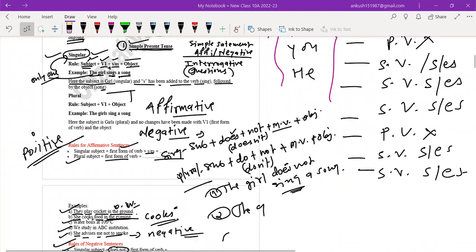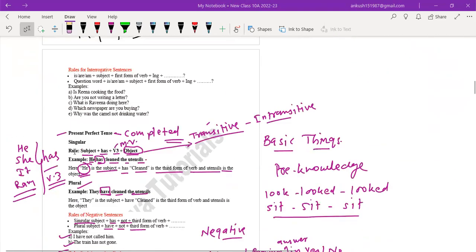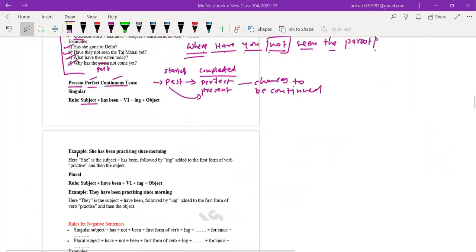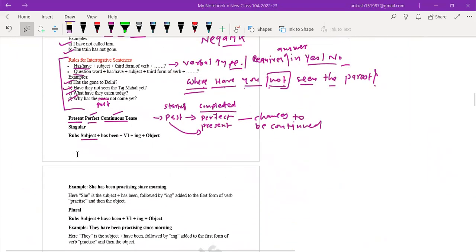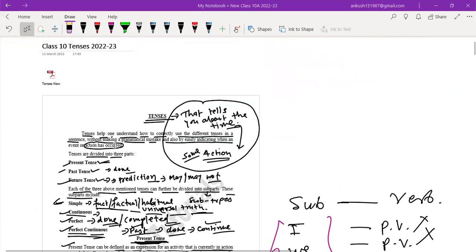In those subtypes we are studying the present tense and its subtypes, where we are at the last subtype of present tense. Understood? If you have not understood, I would be telling you later.